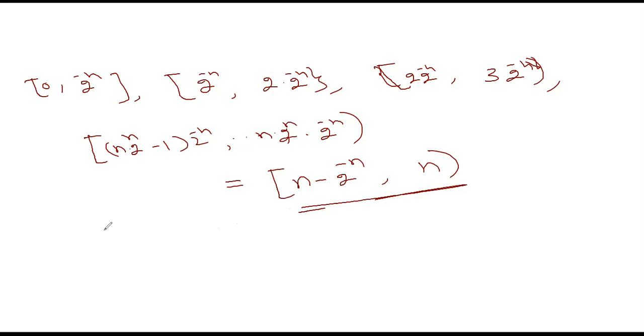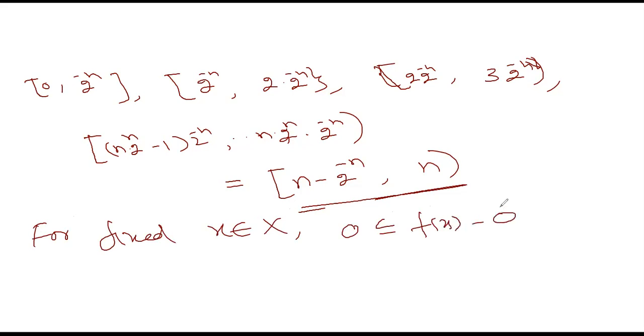So for fixed x belonging to X, this difference is 0 less or equal to f(x) minus phi n of x, because x belongs to some interval for sufficiently large n, not for small n. For small n, say n equal to 10, I have the interval 10 minus 2 power minus 10 to 10, with the endpoint at 10.